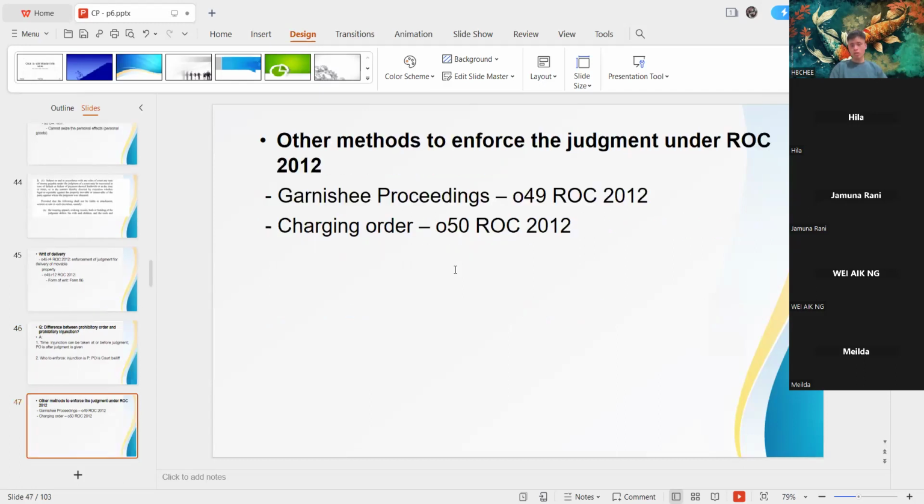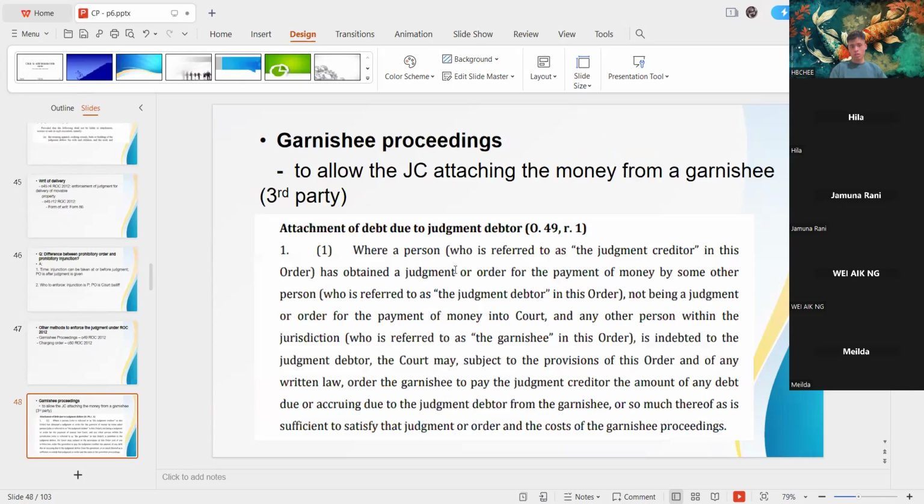Now we come to the second thing, the other methods to enforce the judgment under the rules of court. The first is the garnishee proceeding. The second is the charging order. A garnishee proceeding under Order 49 is where you attach the debt from a third party. Let's say A owes me a certain sum of money. I already have a judgment against A, and I found out that B owes A a certain sum.